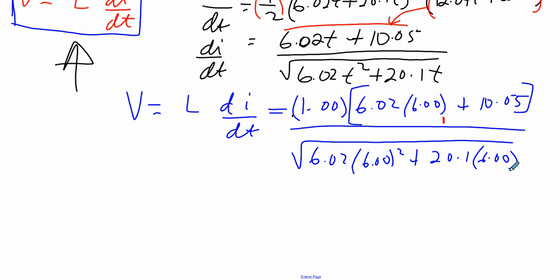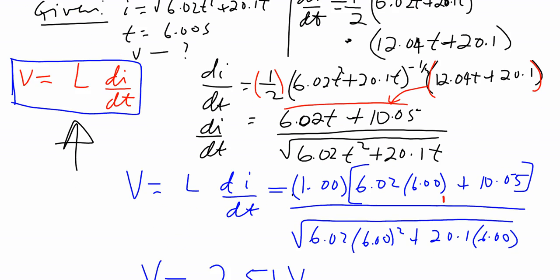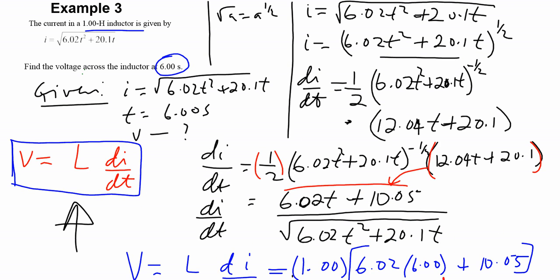If you calculate the whole thing, using a calculator, you should get voltage equals 2.51 volts. So that's the whole question. It's a little bit long, but I think the challenge is you need to know the chain rule. If you get a radical, know how to work it out with the chain rule.